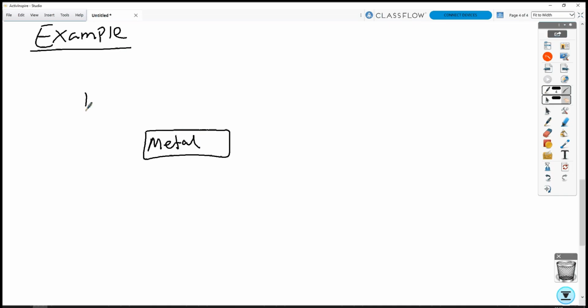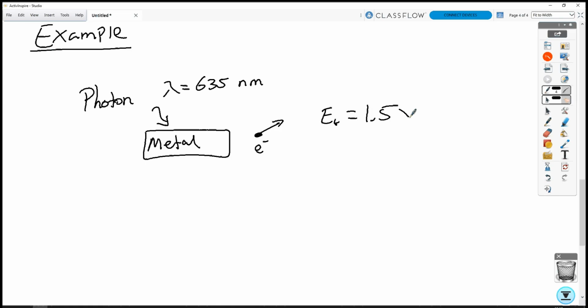And we have some photons that are incident on this metal. And the wavelength of these photons is 635 nanometers. And that causes a photoelectron to be liberated with kinetic energy 1.5 times 10 to the minus 19 joules.